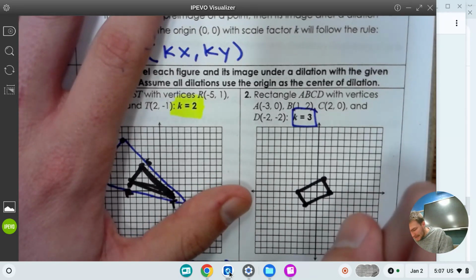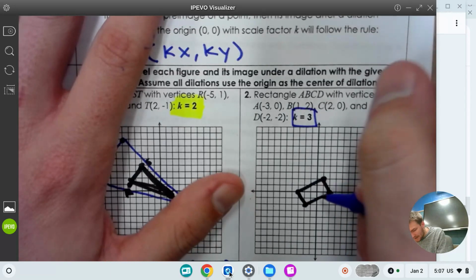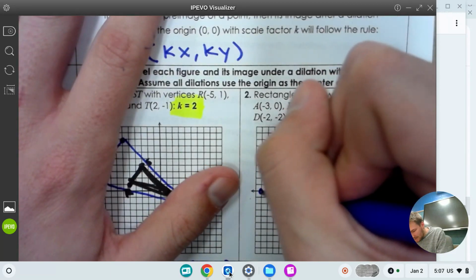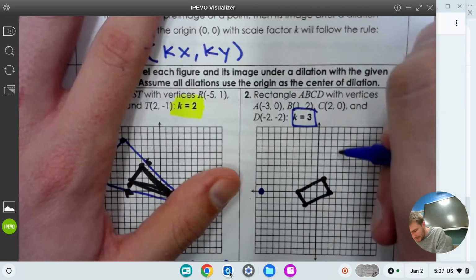That's going to be -9, 0. 1, 2 is going to be 3, 6. 2, 0 is going to be 6, 0. -2, -2 is going to be -6, -6. Plot these down. -9, 0. Got it. 3, 6, over 3 up 6.